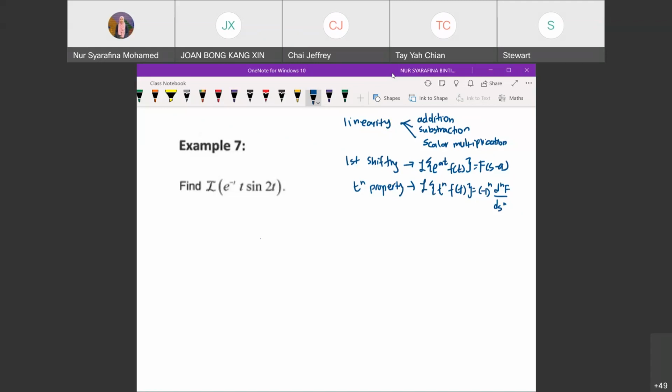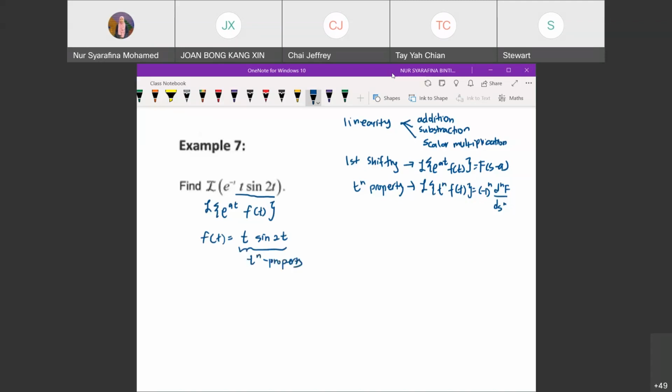It can be mapped to e^(at) times f(t), where f(t) equals t sine 2t, and this is the t to the power of n property.